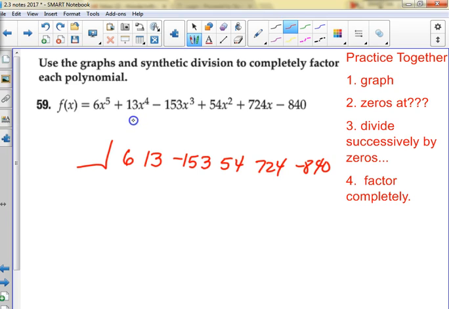I'm thinking either 1 or negative 1 might work. Okay, see if you can find me another one that works while I'm trying this one.